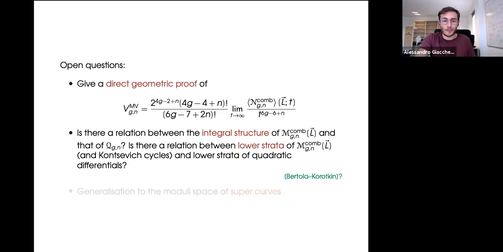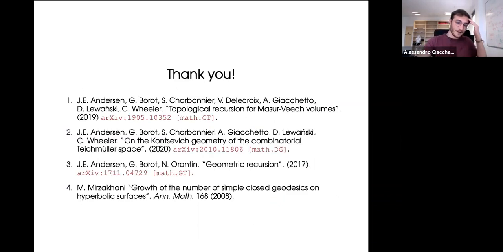I think that both of these questions can be answered using certain results of Bertola and Korotkin, where they considered this combinatorial moduli space and described some period coordinates in this setting. So I think that combining our results with theirs, we can maybe answer these two questions. And the last question is, can we generalize this to the moduli space of super Riemann surfaces? And thanks a lot.